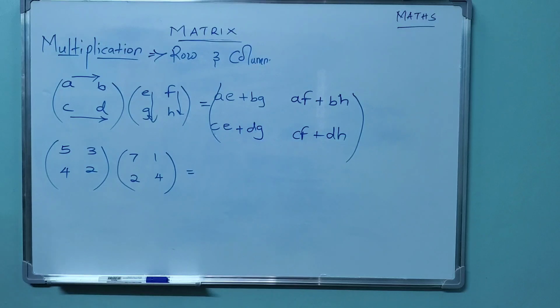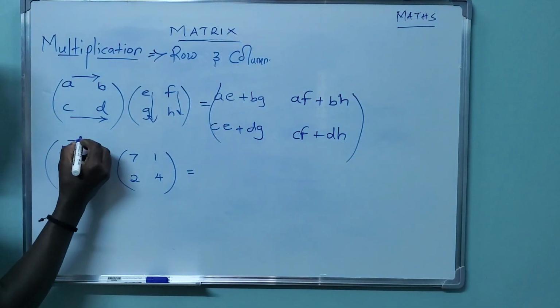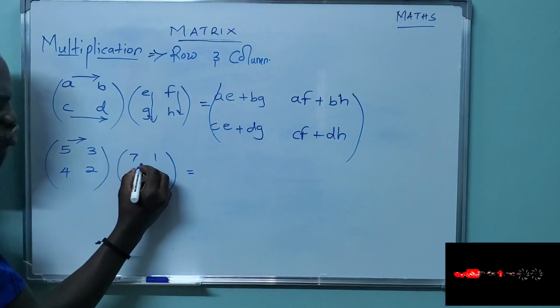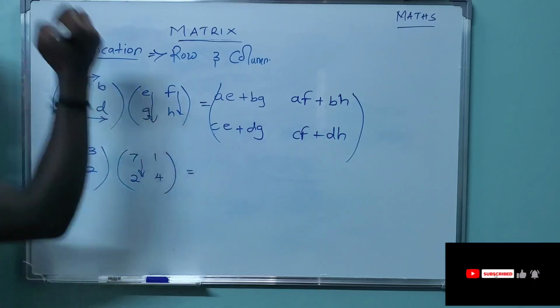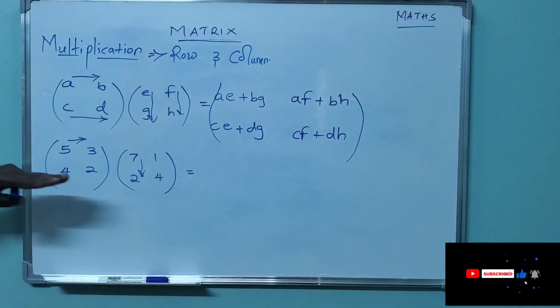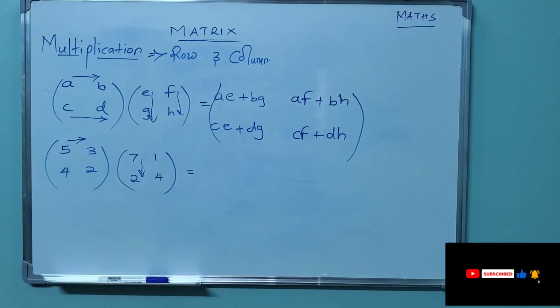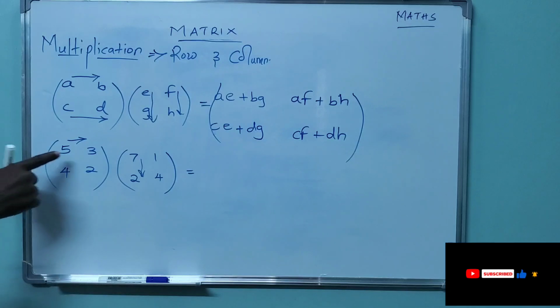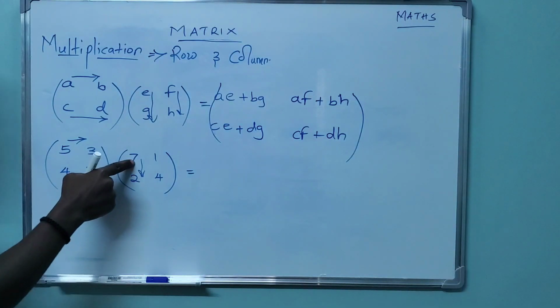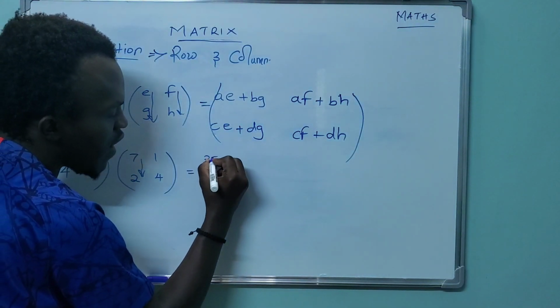Number one, remember, you have to identify the row and the column. In your first matrix, we are going to identify this row. And this row, I'm going to multiply by both columns before I proceed to the second row in my first matrix. So let me begin. 5 multiplied by 7, I'm going to have 35.